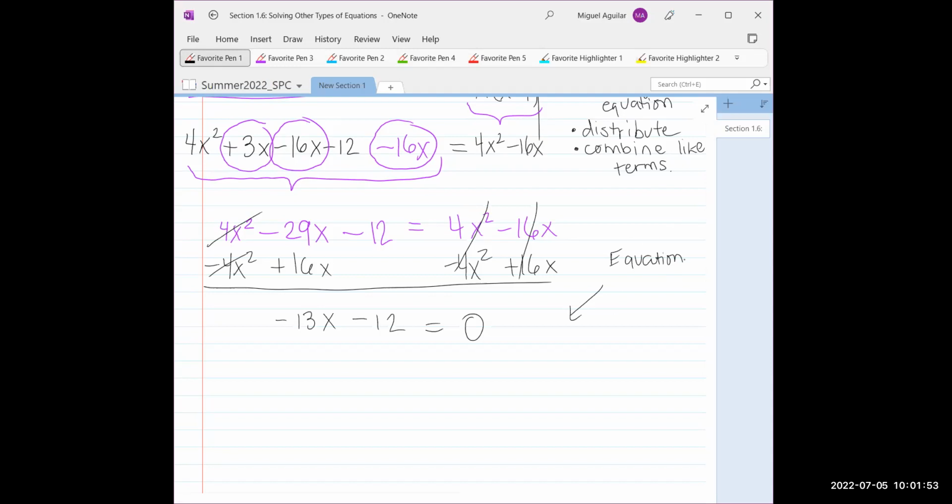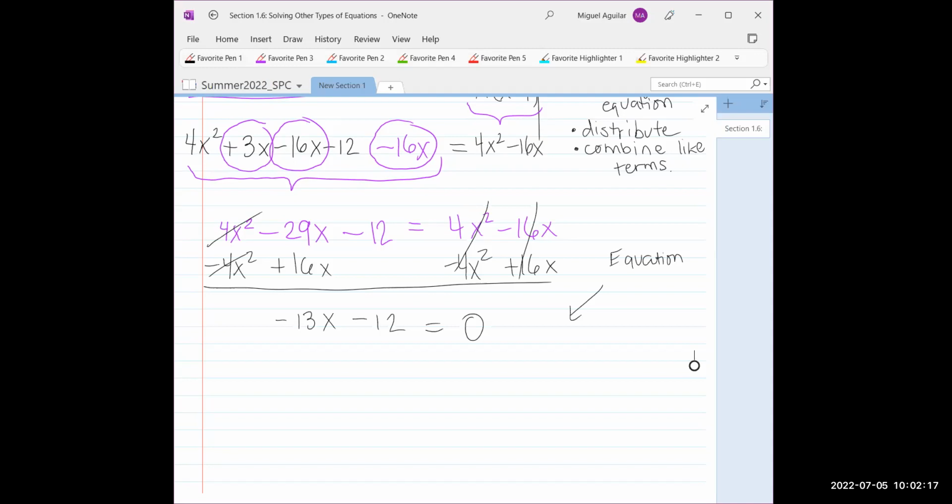All we've learned how to solve so far, until we got to this section, obviously, were linear or quadratic. This negative 13x minus 12 equals 0. Is that a linear equation or is it a quadratic equation? A linear equation. So we just need to solve this the way we'd solve any linear equation, and that is isolate the variable.